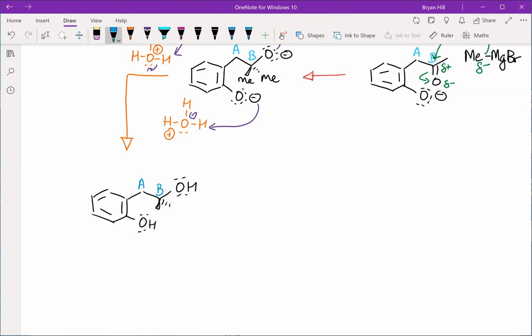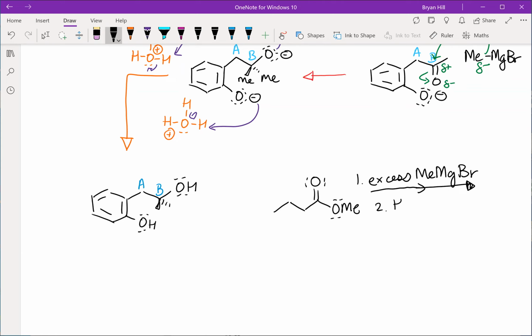Now, if we do a Grignard reaction with a regular ester, for example, we'll just do an example right here. Just some regular ester. And let's say we add excess methyl magnesium bromide, one, two, H3O plus.